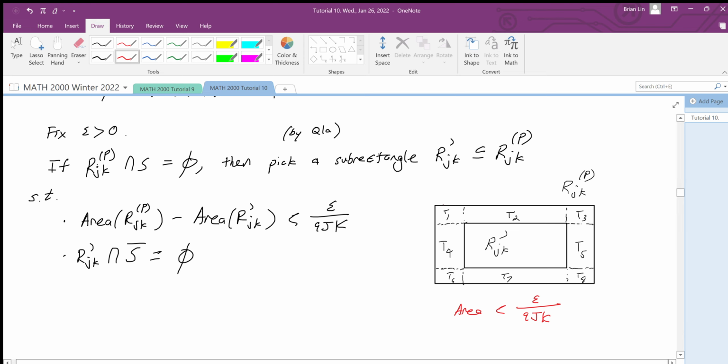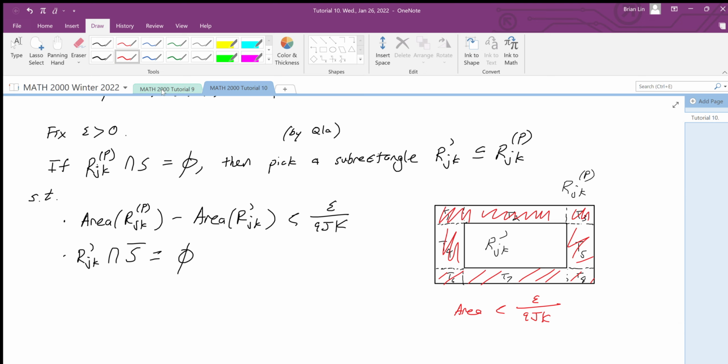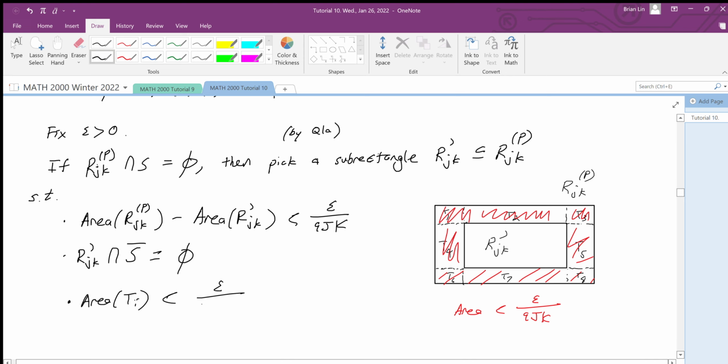And I'll reshade it. So the area of all the T_i is less than epsilon over 9jk. So if the area of all the T_i is less than epsilon over 9jk, then the area of each individual T_i will be less than epsilon over 9jk. So we also have area T_i less than epsilon over 9jk for each i.